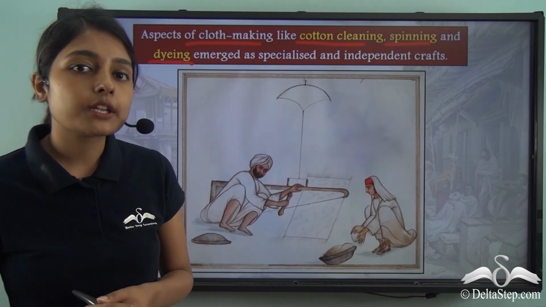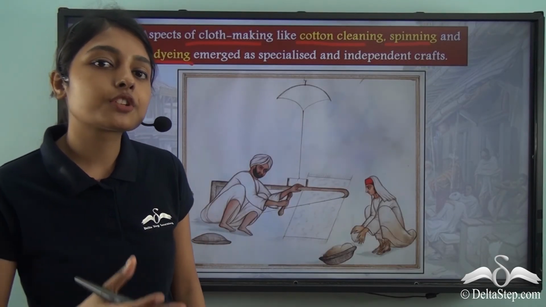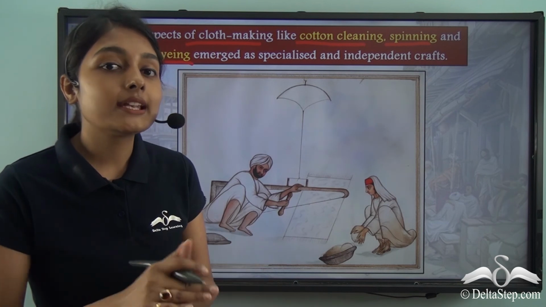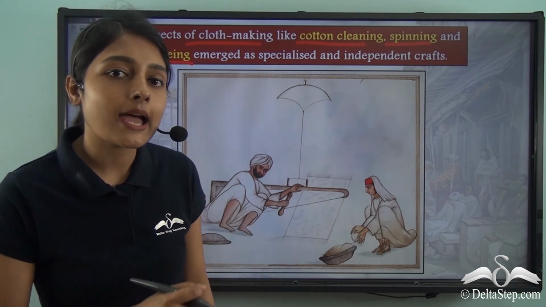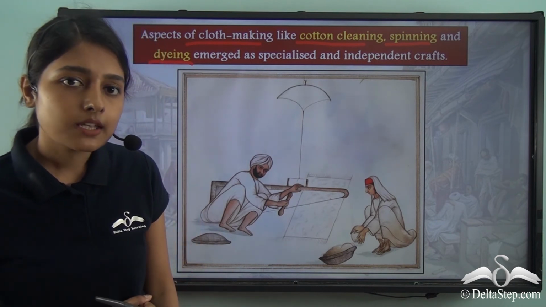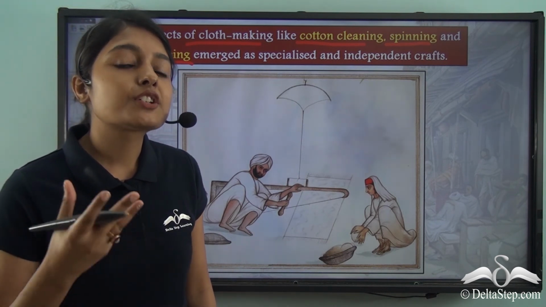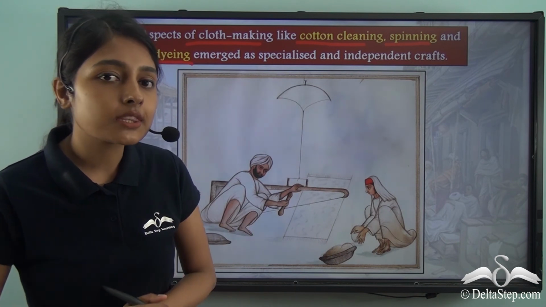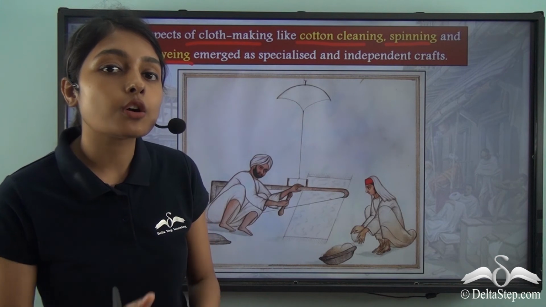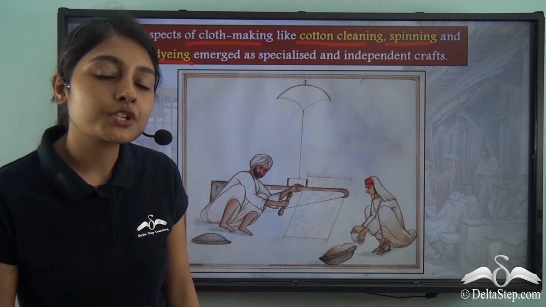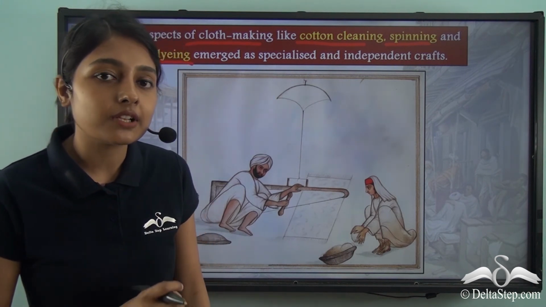Now while talking about the emergence of towns, we discussed how the traders performed trade on lands. Now lands were not the only places where trade happened in medieval India. Will you be able to tell me where trade happened mostly during the medieval India? This now brings us to a discussion on the port towns that emerged around this same period in medieval India.